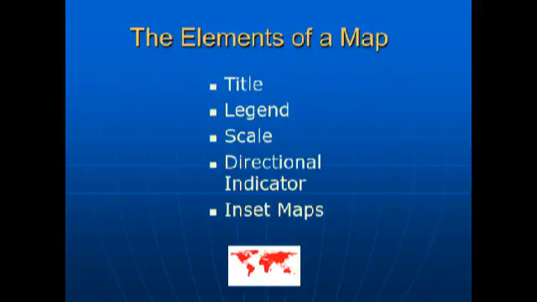What are those? Very simple. The five elements which should be in a map are title, legend, scale, directional indicator, which we most often call a north arrow, and an inset map, if required at all.